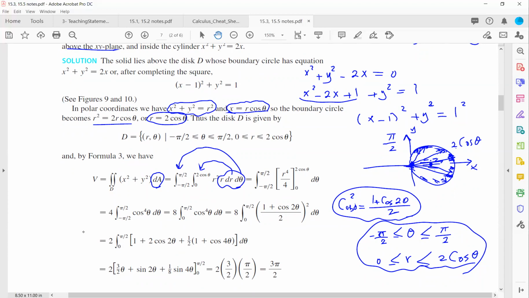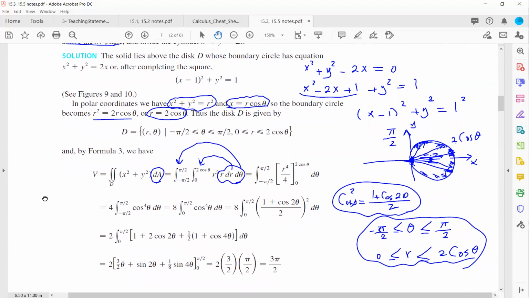The integral of 2 cosine 2 theta is 2 divided by 2 sine 2 theta. Then a half theta plus a half times a 4th, which is 1 over 8 sine 4 theta. Your theta ranges between 0 and pi halves.